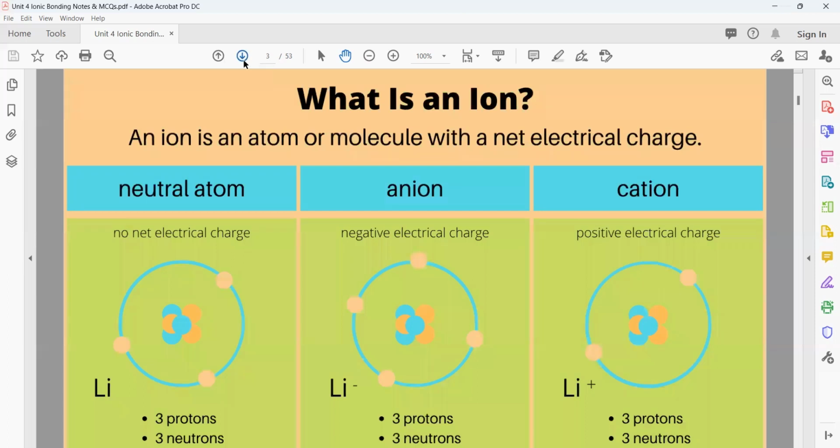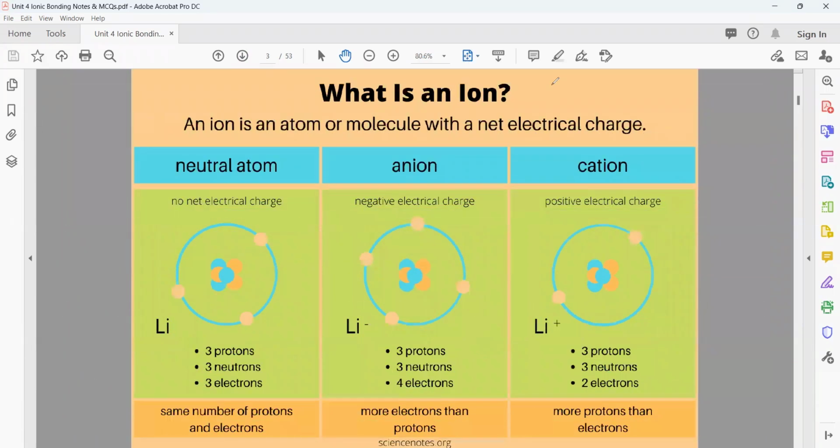Now we'll talk about what an ion is. We talk about atoms first. For example, see here, this is a lithium atom. Why is it an atom?